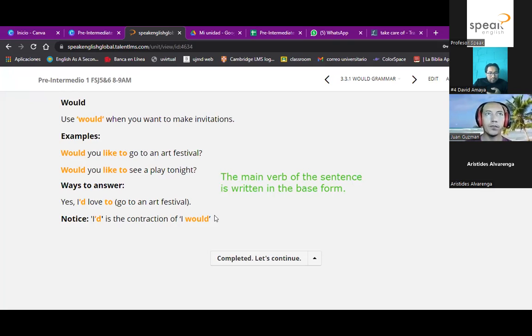And when do we use could? Give me just 3 or 4 main occasions. Permissions, requests, and possibilities. Possibility, very good.